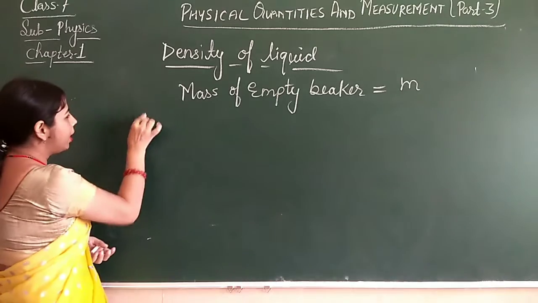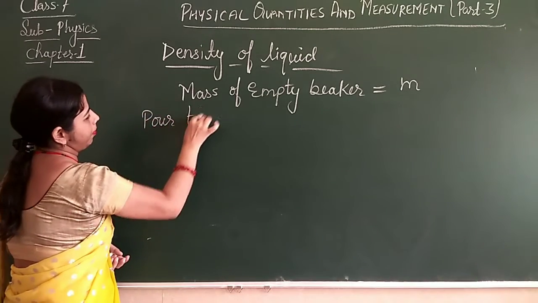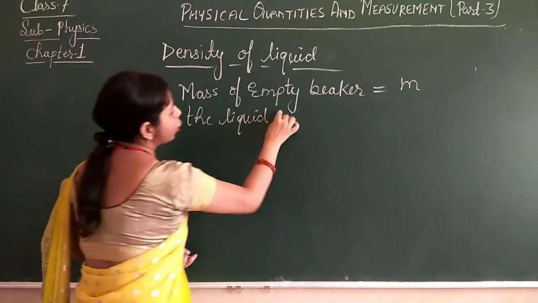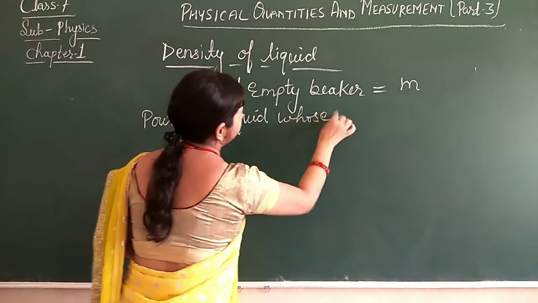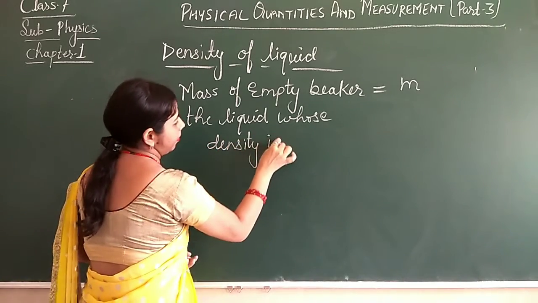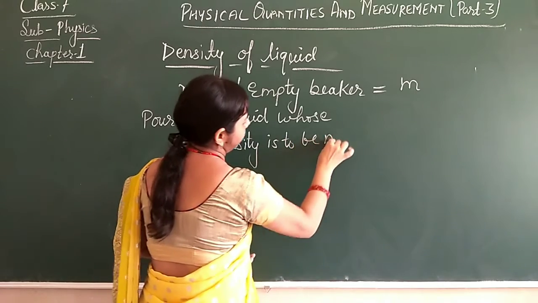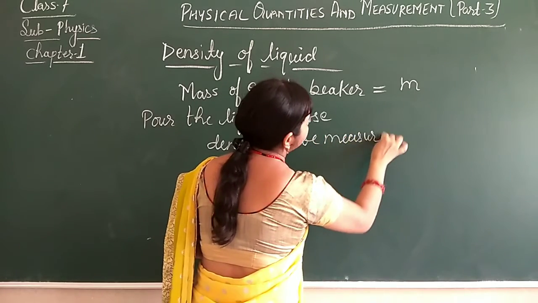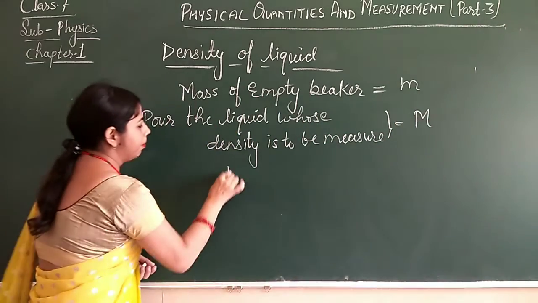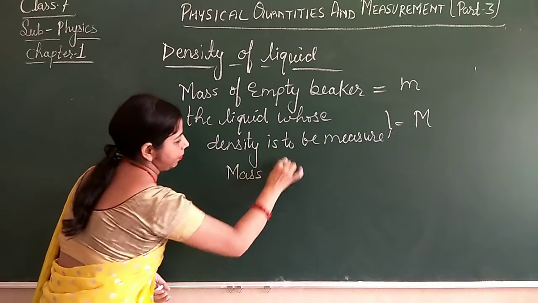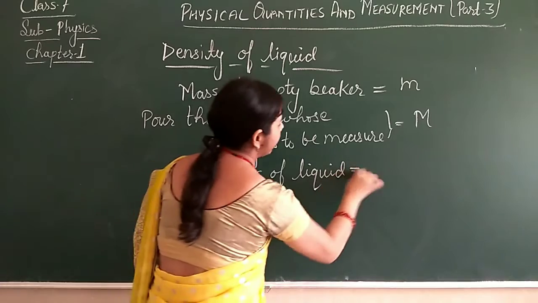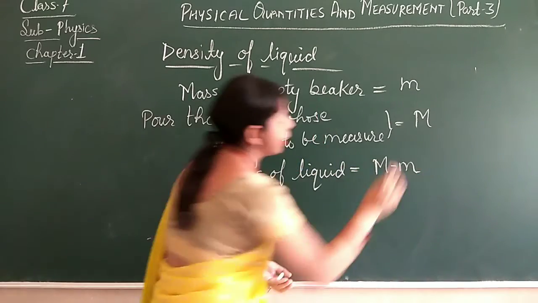Now pour the particular liquid whose density is going to be measured, and the mass will be capital M. So the mass of the liquid will be capital M minus small m.